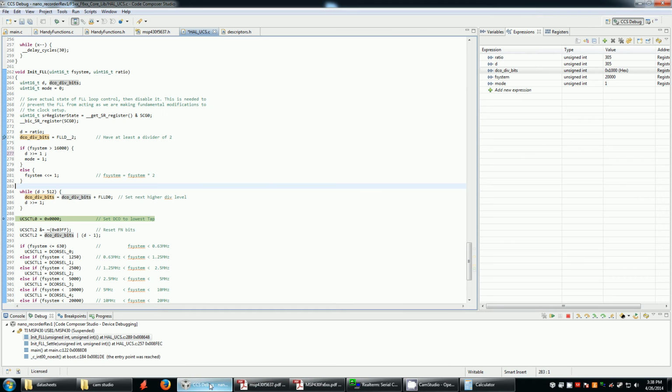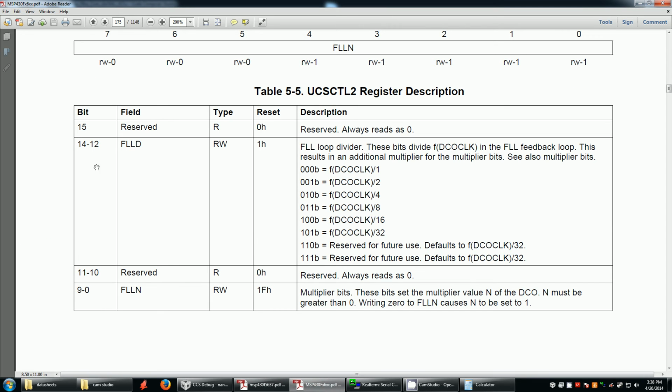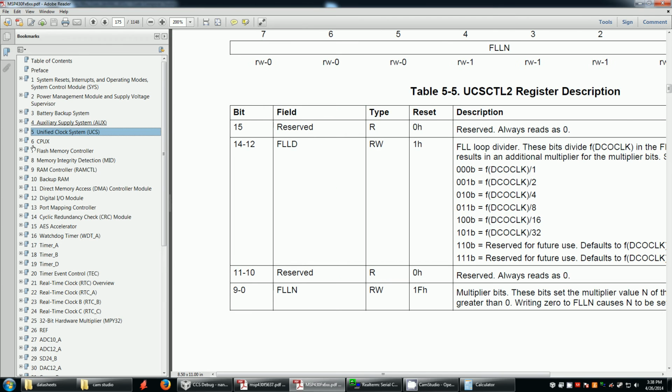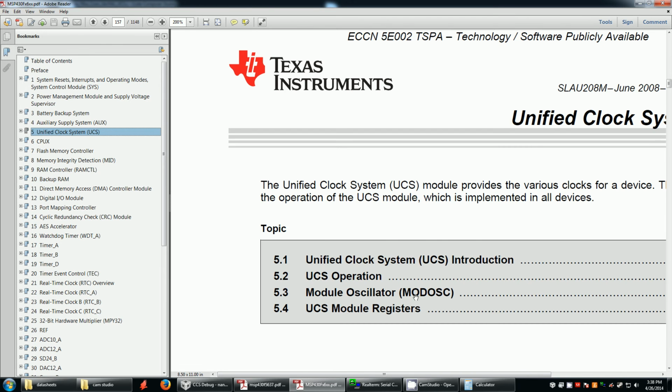And then the next digit we have is a 1. See, 1 right there. And that 1 gets stuck in bit position 12, which configures this to divide by 2. So that's where we get this prescaler.